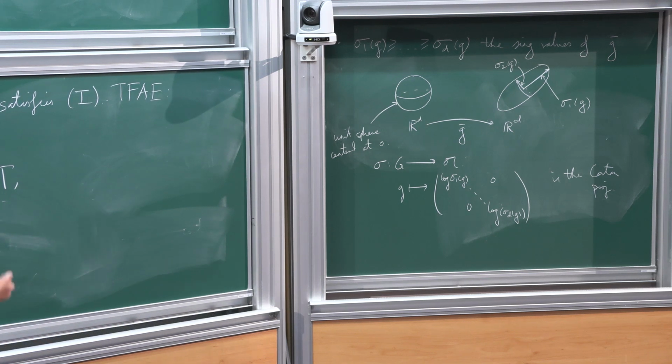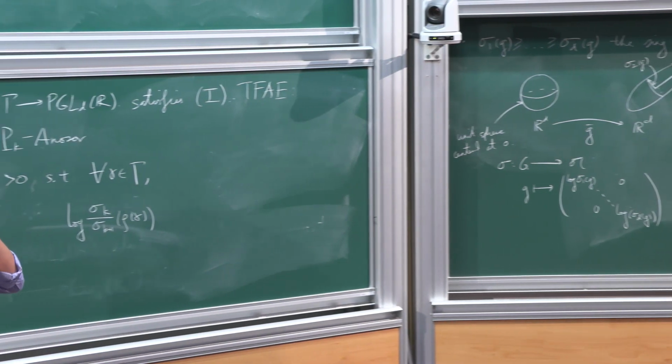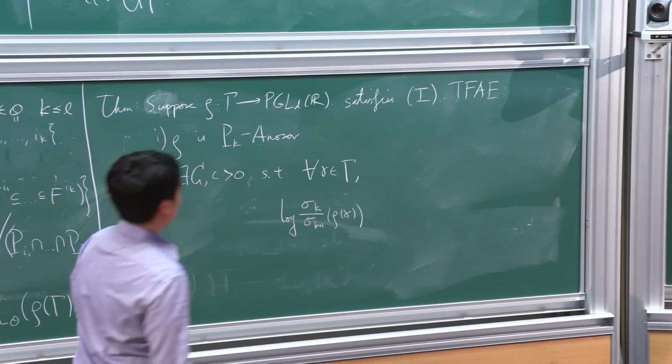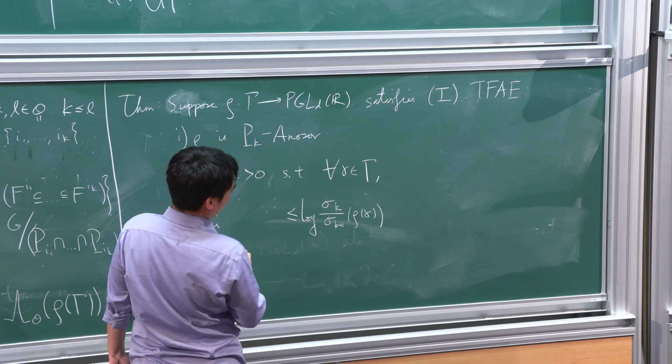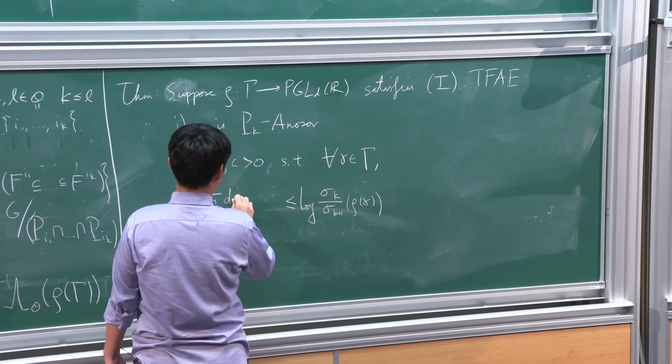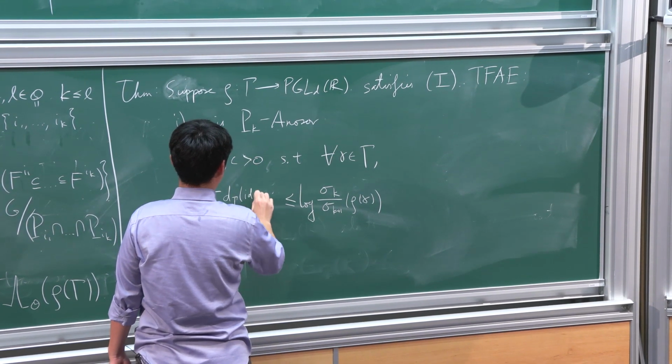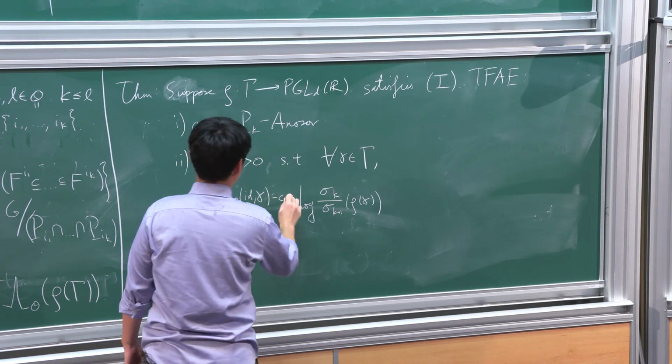If you look at the logarithm of the ratio of the k to k plus 1 singular value of rho of gamma, this is bounded below by 1 over c times the distance in gamma between the identity and gamma, minus little c.